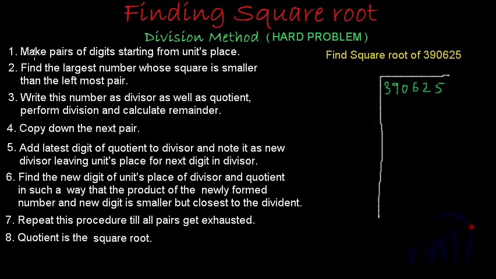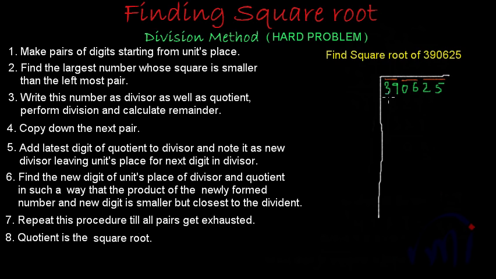So the first step is to make pairs of digits starting from the units place. So this will be one pair, 0 and 6 will make another pair, and 39 will be in the last pair.